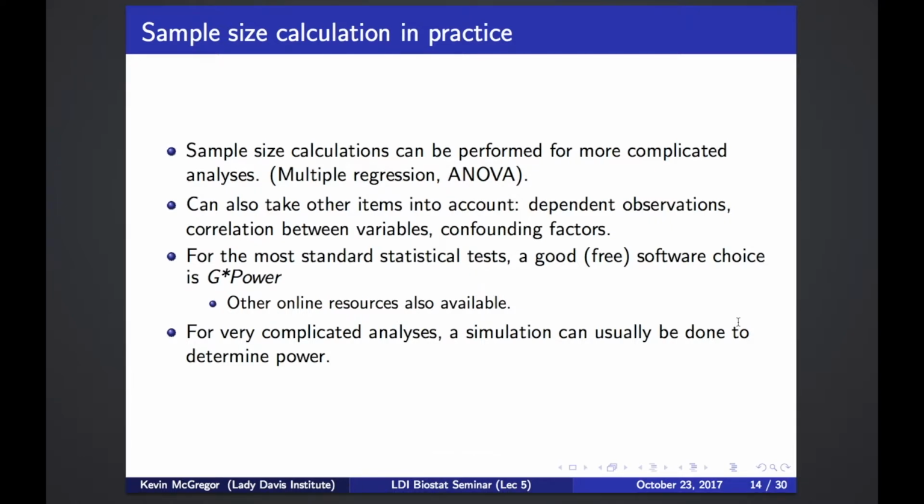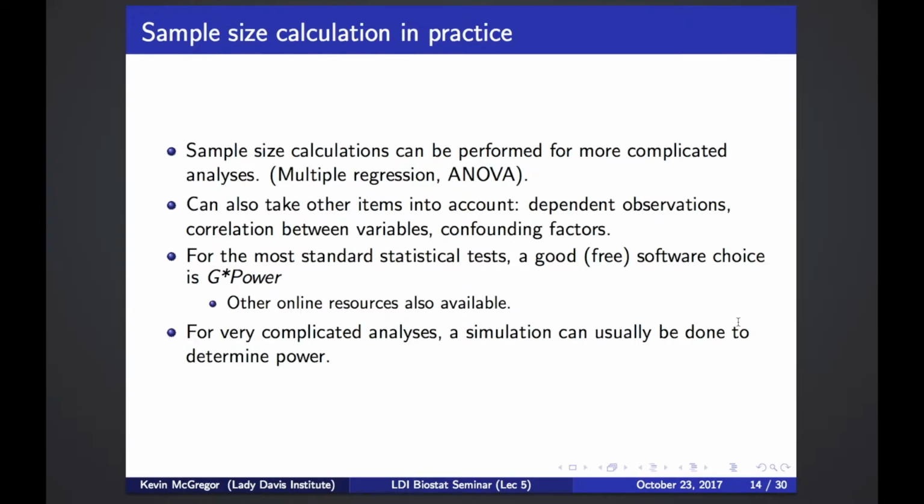So that was just a sample size calculation for the independent samples t-test. So if you want to do a calculation for a different kind of analysis, say an ANOVA or linear regression, multiple regression, then you're going to have to redo the sample size calculation. We can also take other items into account in our sample size calculation, so we can have observations like, say, repeated measures where we don't have independent observations.